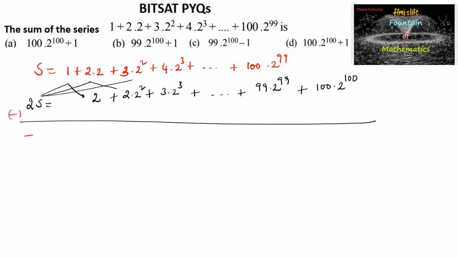S minus 2S is negative S is equal to, so here 1 minus 0 is 1, plus 2 times 2 minus 1 times 2, so we get 1 times 2, and 3 times 2 square minus 2 times 2 square is 1 times 2 square, and here 4 times 2 cube minus 3 times 2 cube is 1 times 2 cube, and so on.